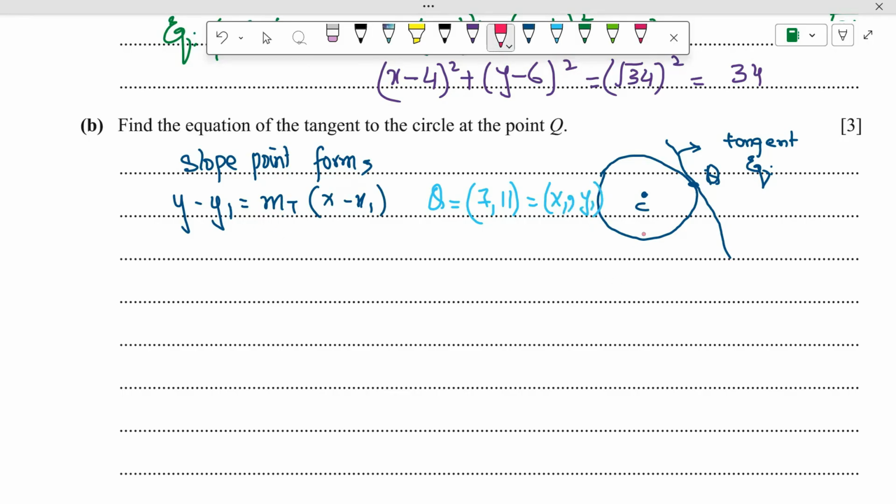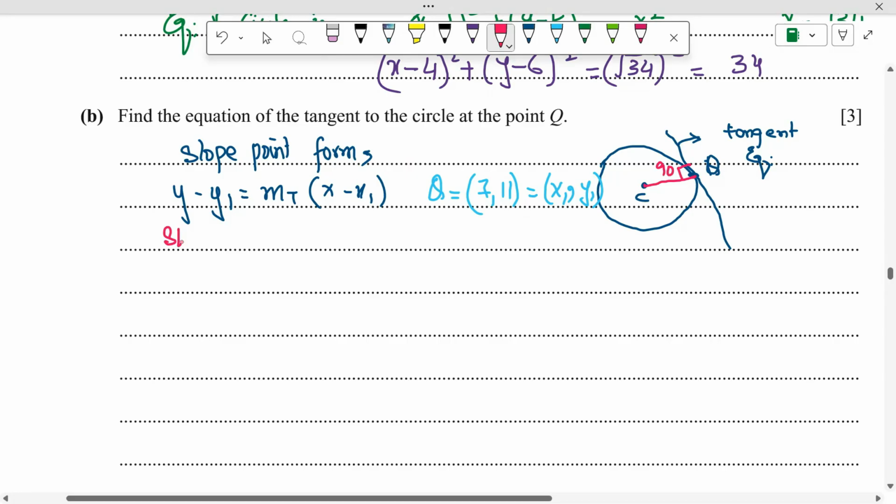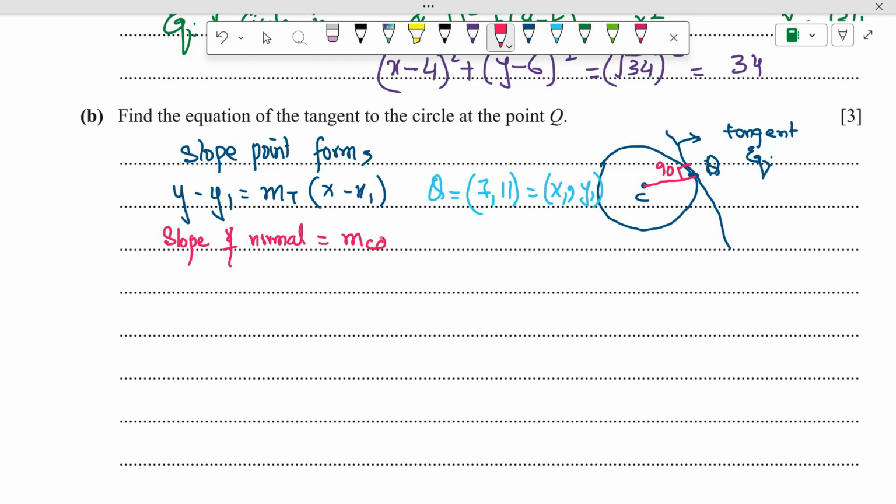So the slope of the tangent can be calculated if we know the slope of this normal, because the slope of the normal is perpendicular to the slope of the tangent. If we can find the slope of the normal, which is the slope of CQ, then we can find the slope of the tangent.